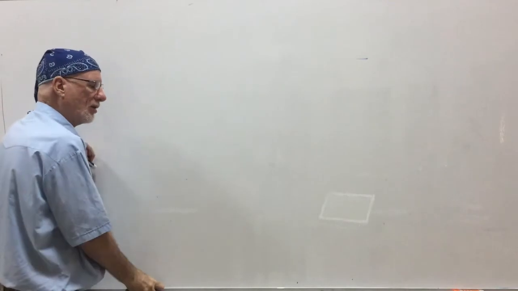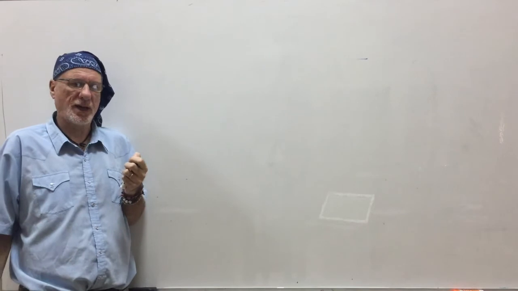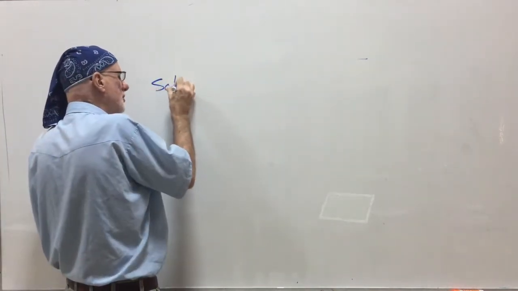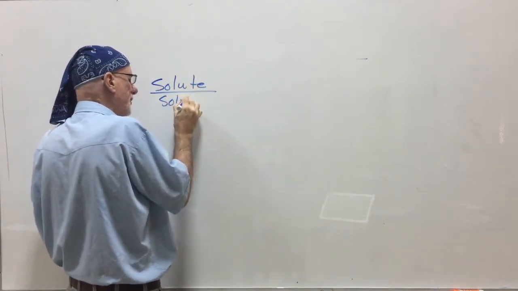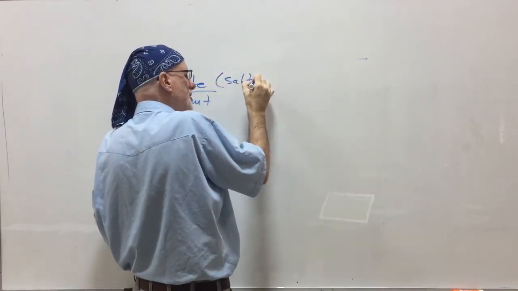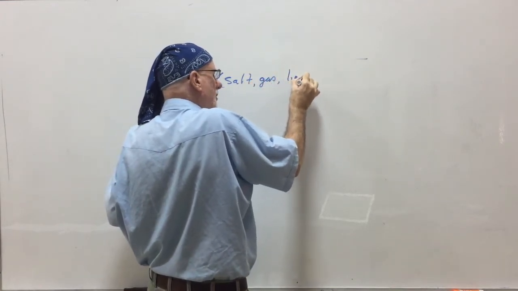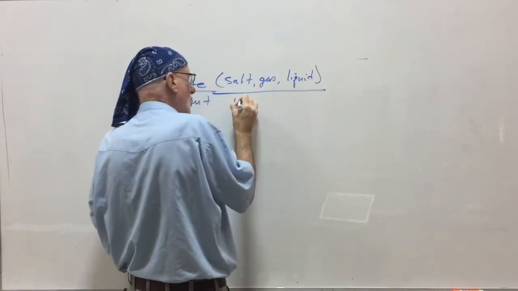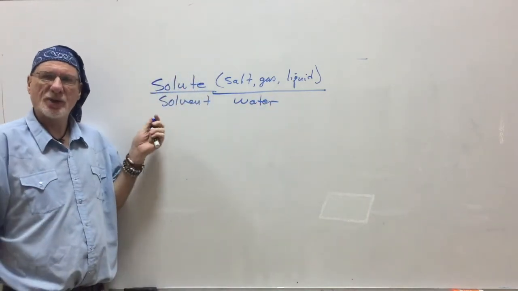You can have butyl alcohol, isopropyl alcohol, ethyl alcohol in water. These are solutions, okay? So you have a solute and you have a solvent. This is usually salts. If it's a solid, it could be a gas or it could be a liquid. And then this is always water. Correct? That is an aqueous solution.